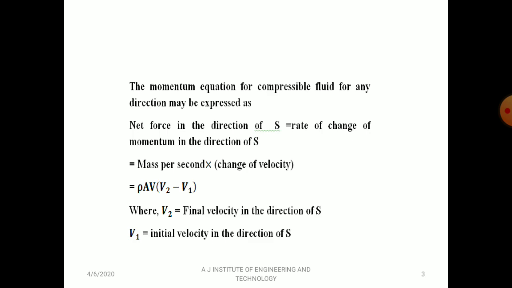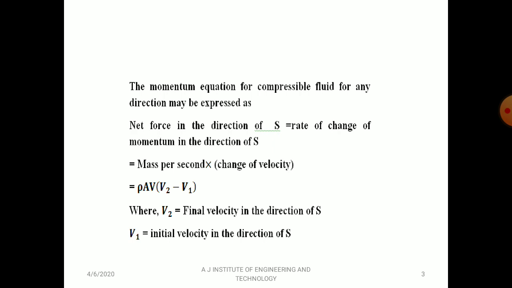Now the momentum equation for compressible fluid for any direction may be expressed as: net force in the direction of s, that is any direction, equal to rate of change of momentum in the direction of s. So that is equal to, I already told, mass per second. Rate of change of momentum means you have to consider the change of momentum here. Mass per second, mass remains constant, you cannot apply change here.